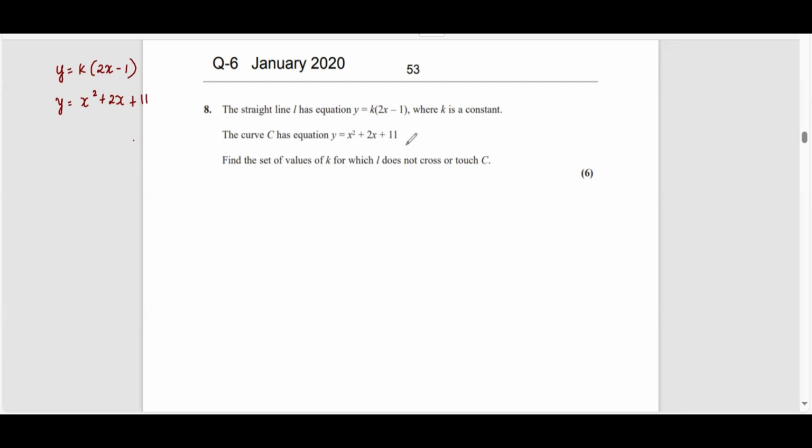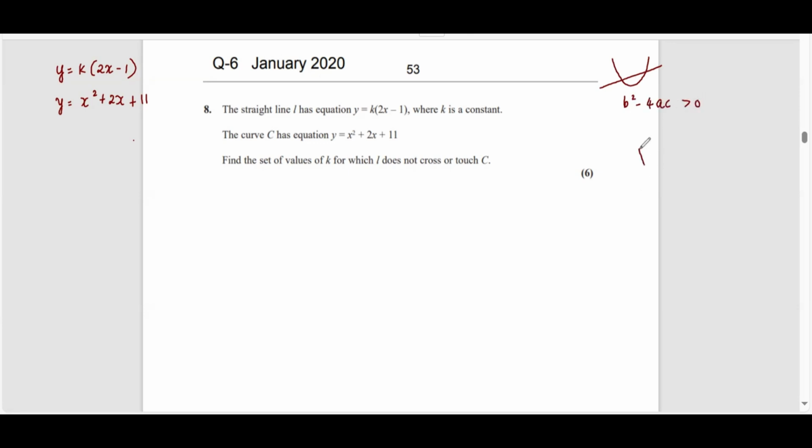So when we have a parabola or a quadratic equation and a linear equation, there are three possibilities. If the line cuts the quadratic curve at two different points, then we know the discriminant b squared minus 4ac will be greater than 0.